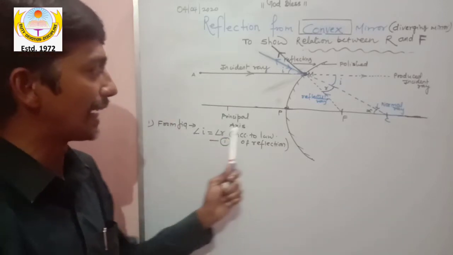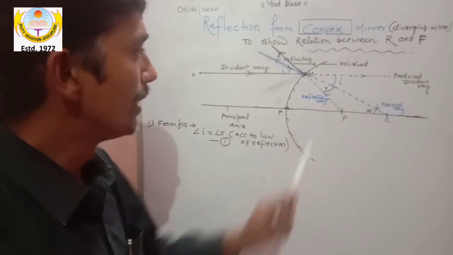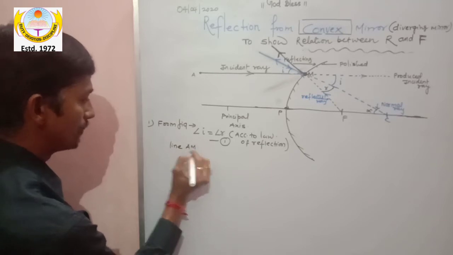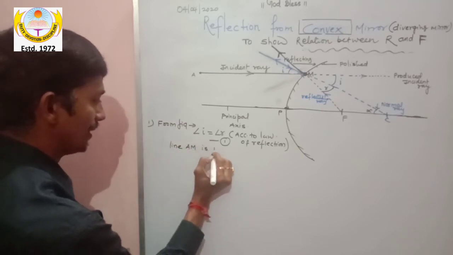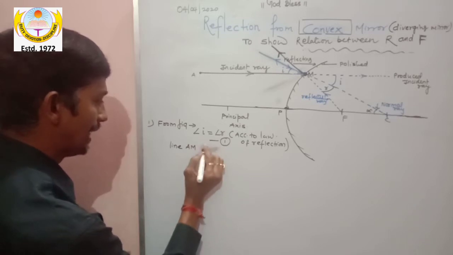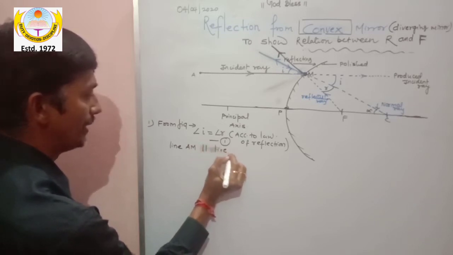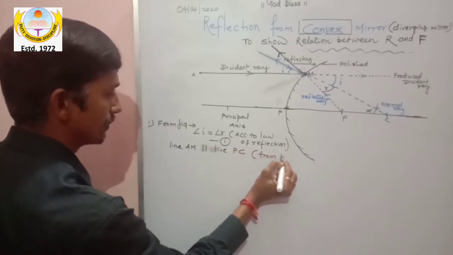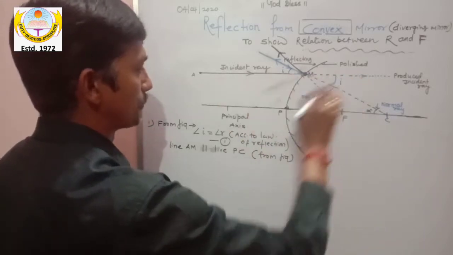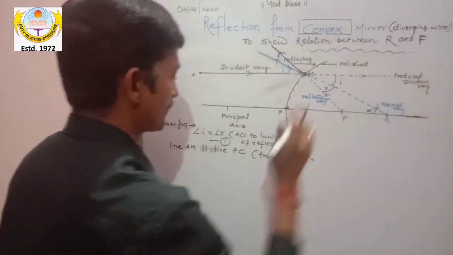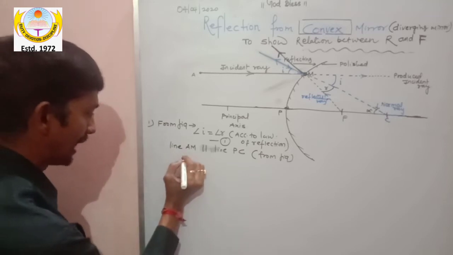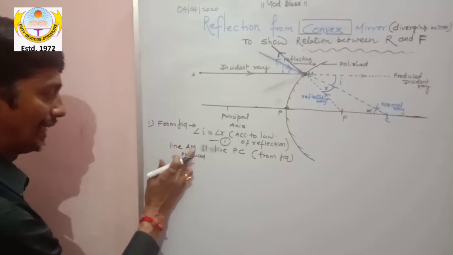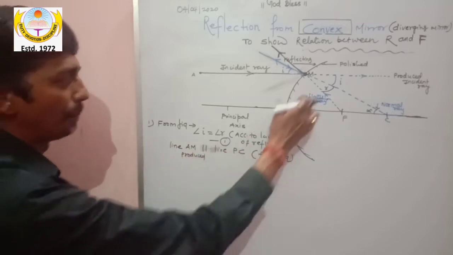Second equation, since angle I and angle R are equal, and you can see line AM is parallel, line AM parallel to line PC from figure. Line AM is parallel to line PC. I hope it is clear. Or you can say line AM which is produced. So I am writing here line AM produced parallel to line PC.